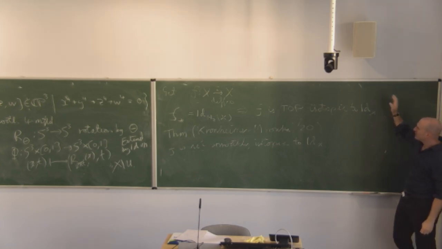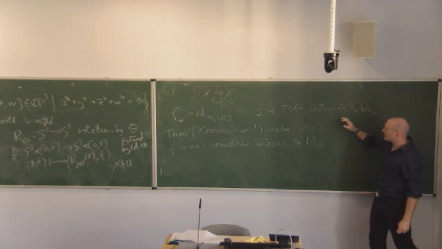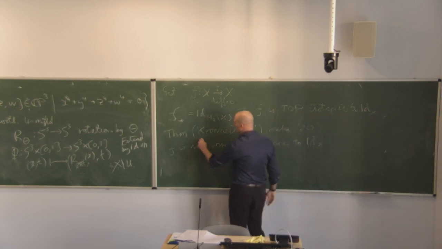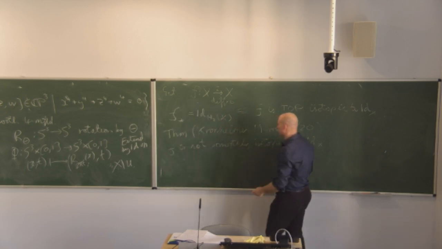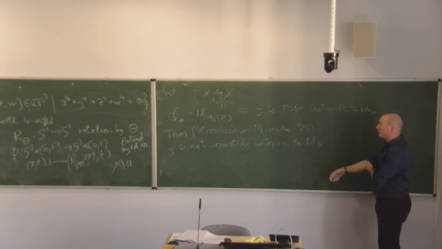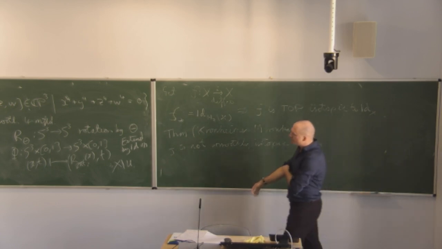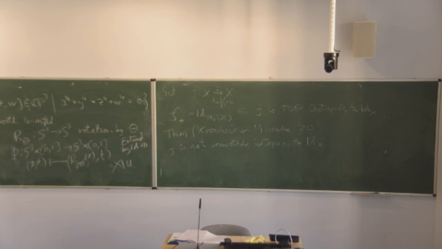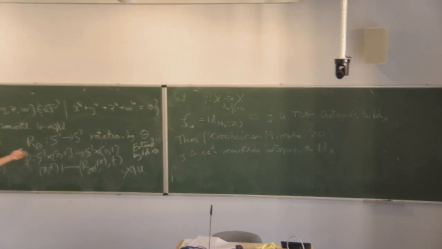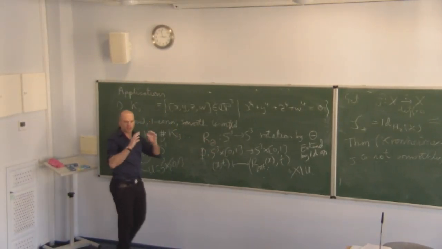It acts as identity on H2, so it's topologically isotopic to the identity. But this uses gauge theory. There is then a gauge theoretic proof that this thing is smoothly non-trivial. As a diffeomorphism of S3 cross I relative to the boundary, this is definitely non-trivial.